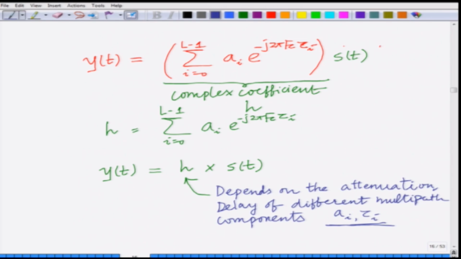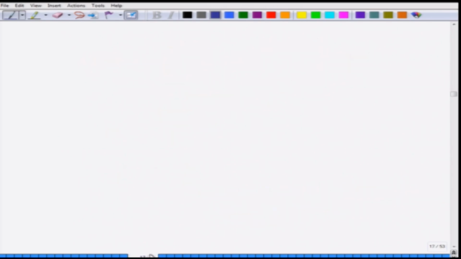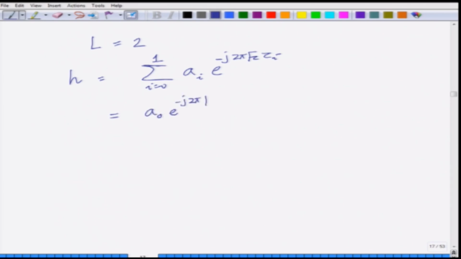Right. So, now let us try to understand this channel coefficient better. Let us consider a simple scenario, L is equal to 2. For L is equal to 2, we have h given as the summation I equal to 0 to L minus 1, which is 1, of A I e to the power of minus j 2 pi f c tau I, which is A naught e to the power of minus j 2 pi f c tau naught plus A 1 e to the power of minus j 2 pi f c tau 1, correct.